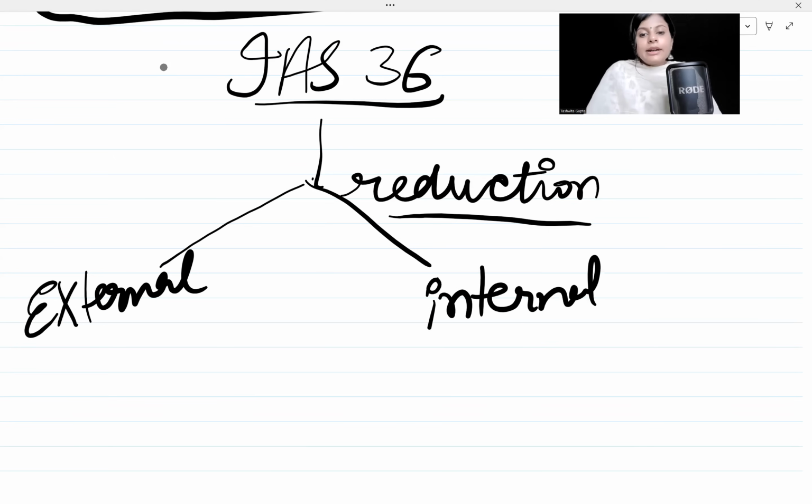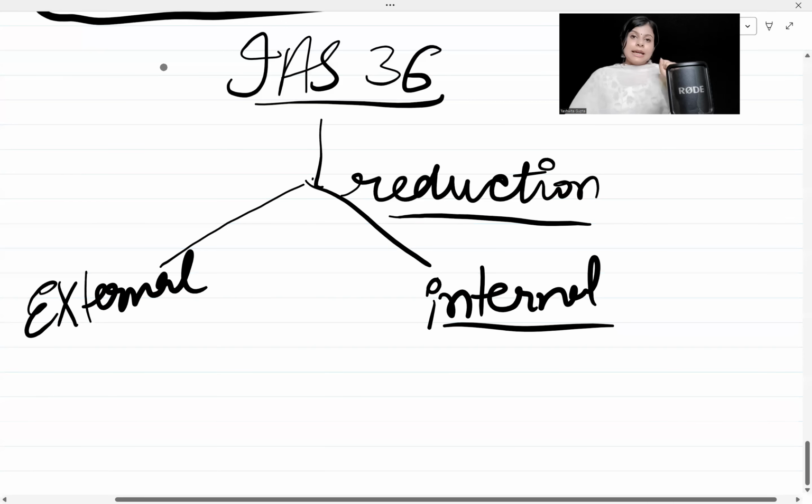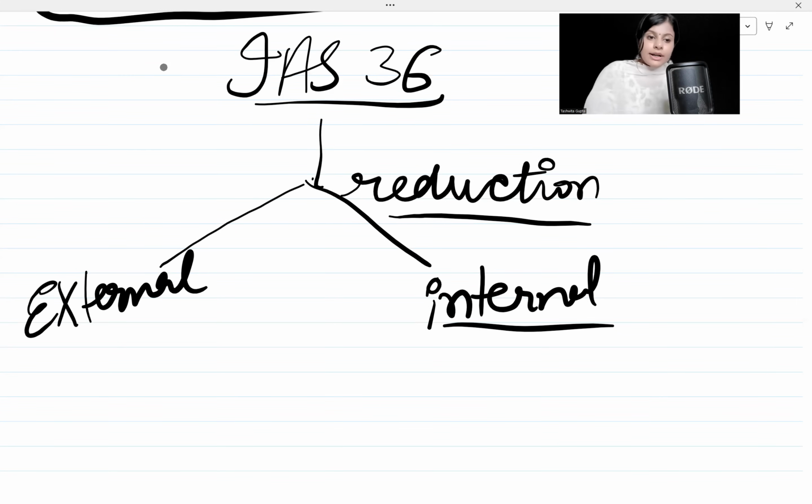Will an indicator come to you announcing that it's an indicator of impairment? No. You have to look for indicators at each reporting date. If you give your AAA exam in ACCA, there we have procedures related to how you look for indicators.